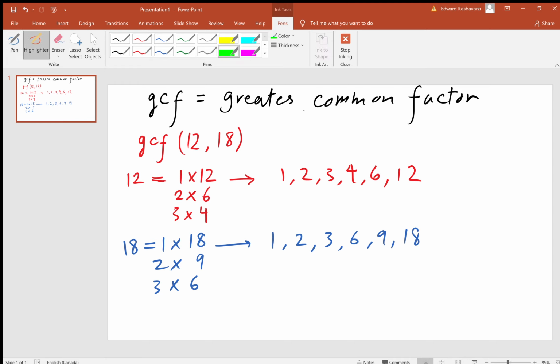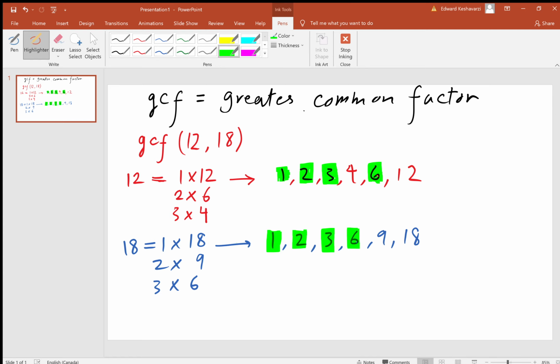Now, let's figure out the common factors. 1 is a common factor. What else? 2 is a common factor because it appears in both sets. 3 also can be found in both of them, and the last common factor would be 6.